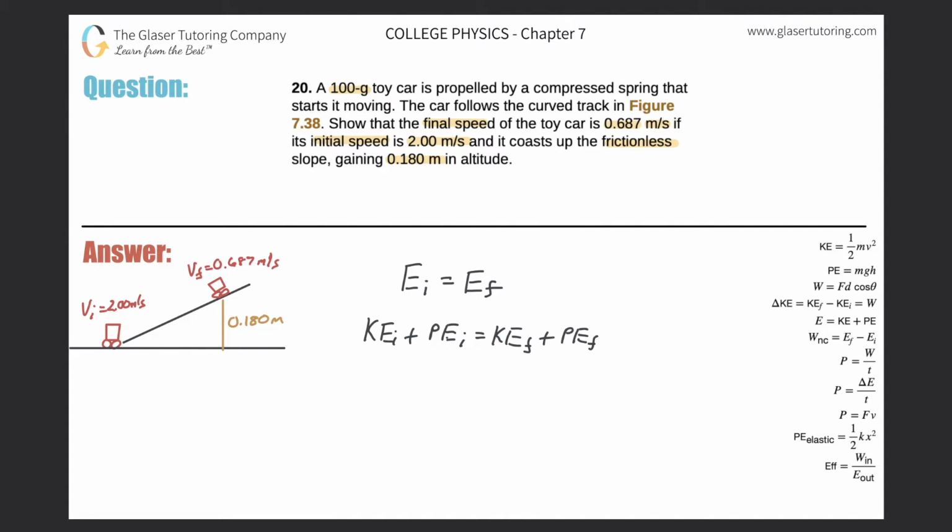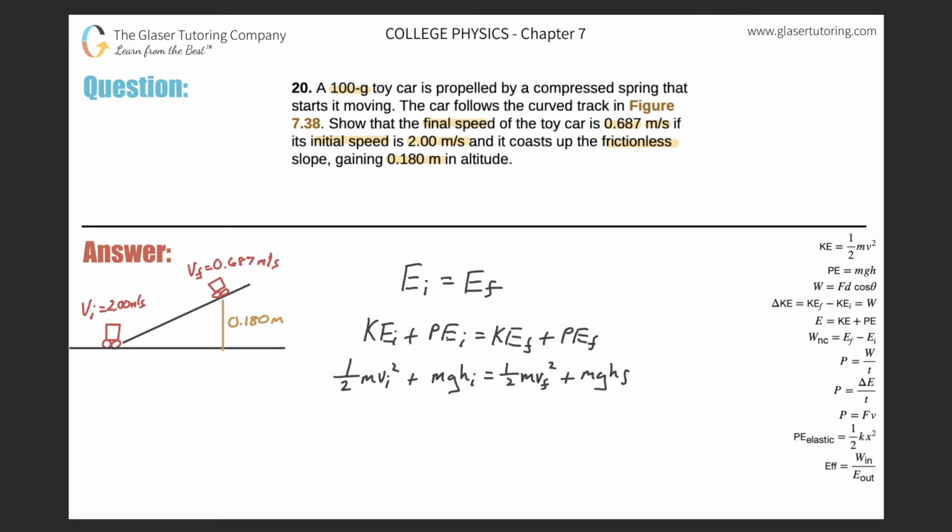So let's expand on these pieces and detail the formulas. This would be 1/2 times the mass multiplied by the initial velocity squared, plus the mass times gravity times the initial height, will equal 1/2 times the mass times the final velocity squared, plus the mass times gravity times the final height.